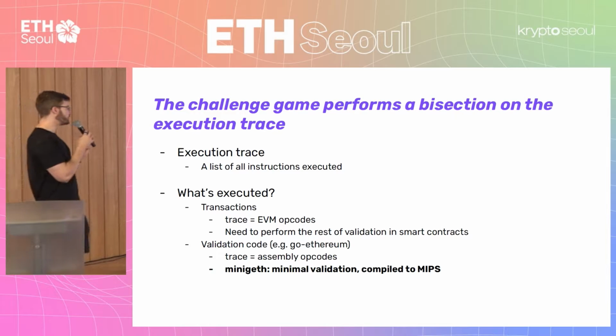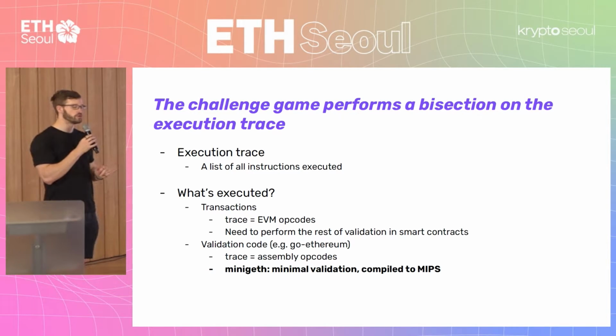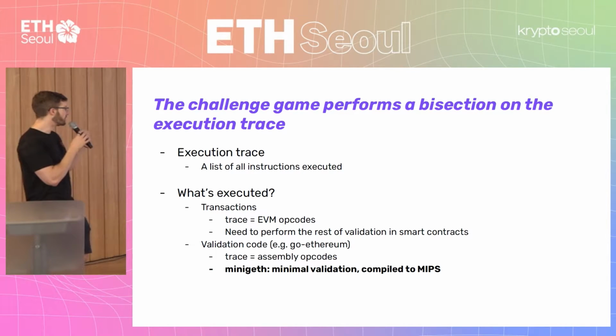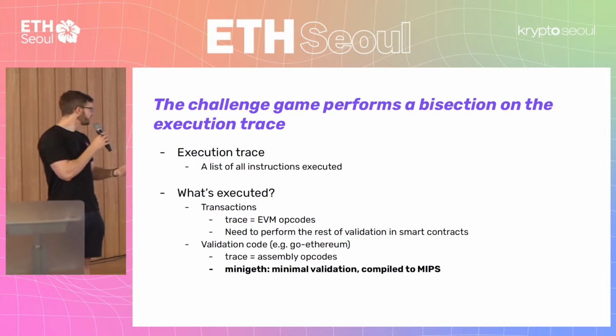The other way to do it is to say, well, the program that we execute is not the EVM execution of the transactions, it is the validator software. So Go Ethereum or Erigon, all those, they validate blocks. So what if we could take that software and run it, and that's our execution trace, and that is what we'll be able to challenge.